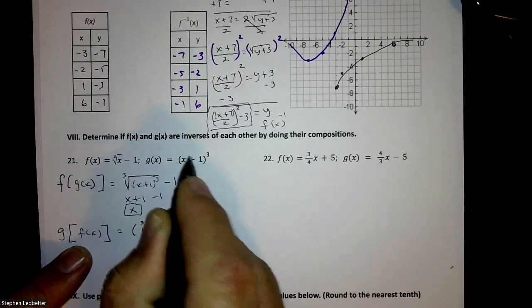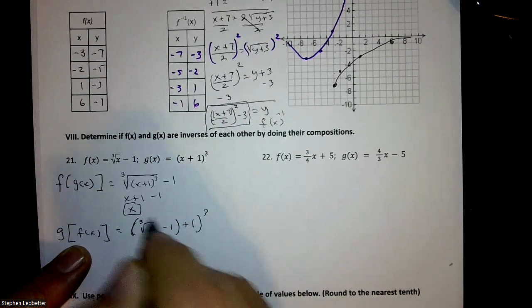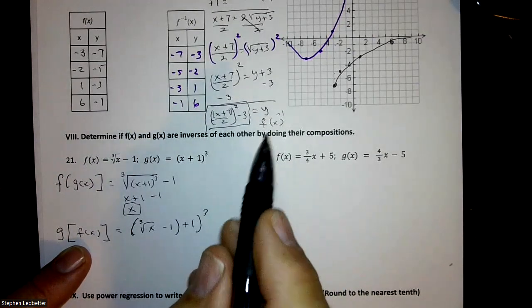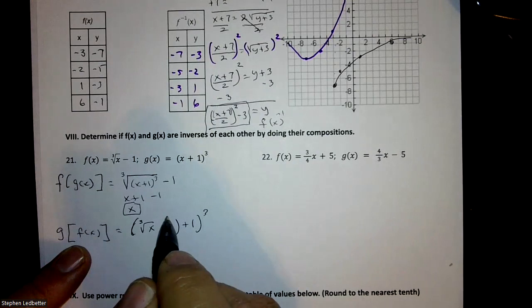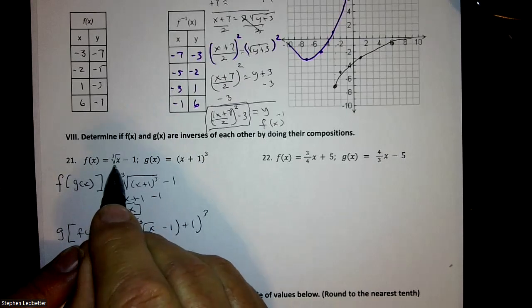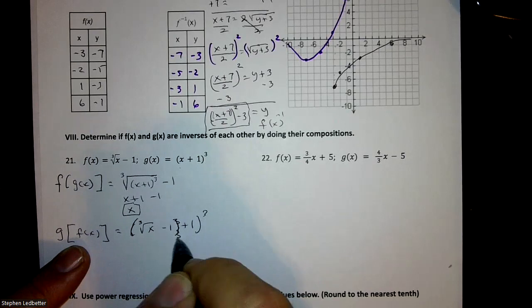That's the x part, and then plus 1, and then a cube. Just make sure I did this right. So all this goes here.